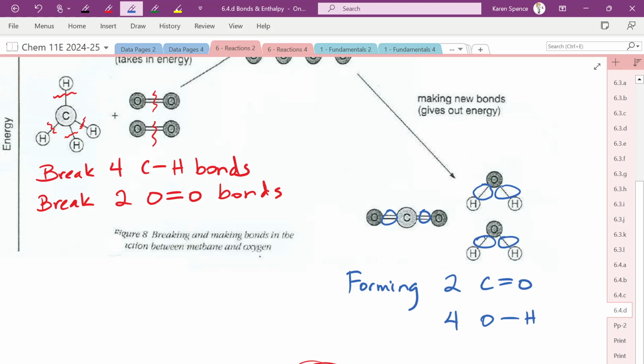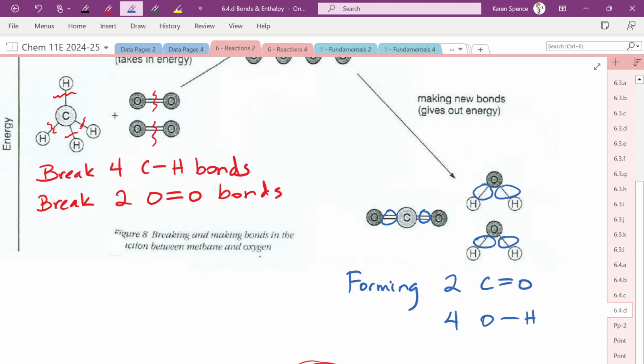And if we knew the energy required to break each bond, could we calculate the total energy needed to break and the total energy that's given off when formed? If we knew the energy of each bond? Yes, and guess what? There are tables that give you the energy of every bond.